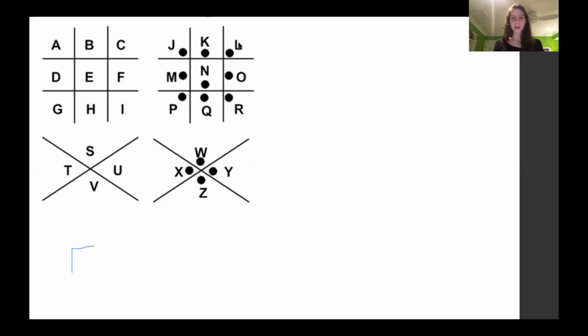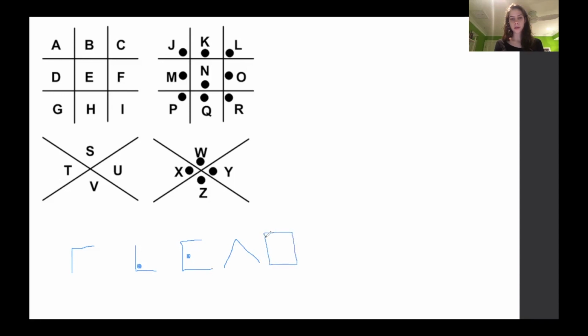We have L, which is this bottom left corner of the box with a dot in it. A beautiful little dot there. And then we have an O, which is a box missing the right side with a dot. And then we have V is this upper angle here. And then we have E is a full box.